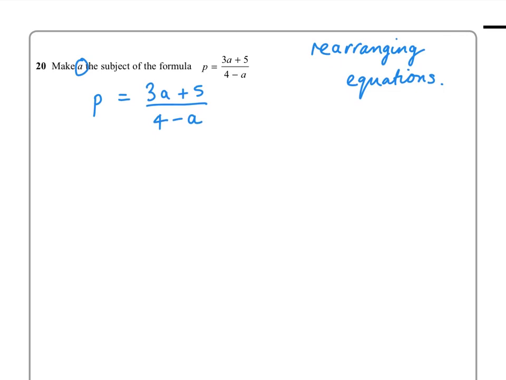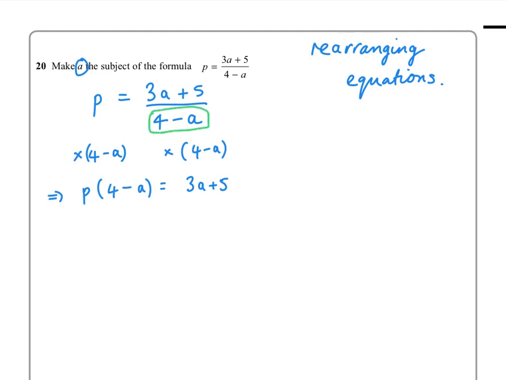So if we multiply both sides by 4 minus a, what this will do is it will give us p lots of 4 minus a is equal to 3a plus 5, because the 4 minus a is the denominator part.